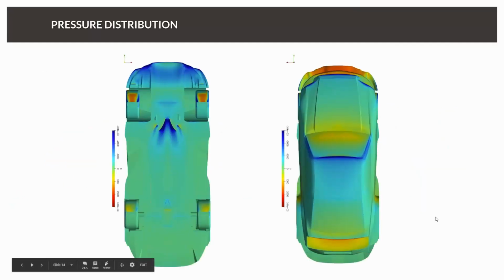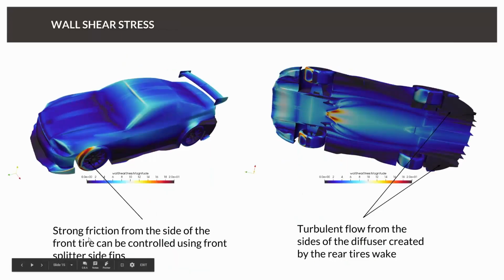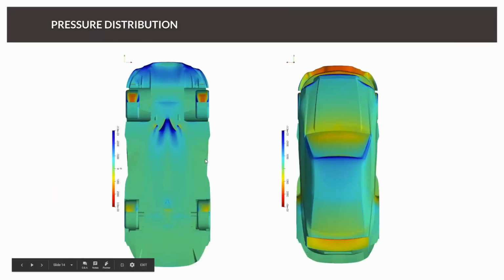And now if we use another view, we can see how, on the other hand, the front splitter is generating a low pressure area. And that's maybe the biggest misconception in CFD: a pressure distribution on a car is usually only telling you what is happening, but not why.